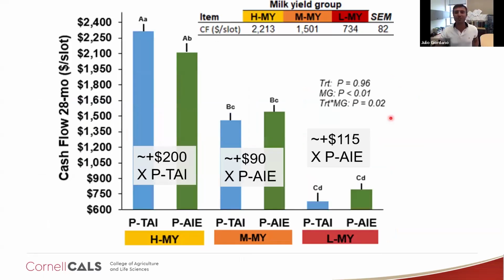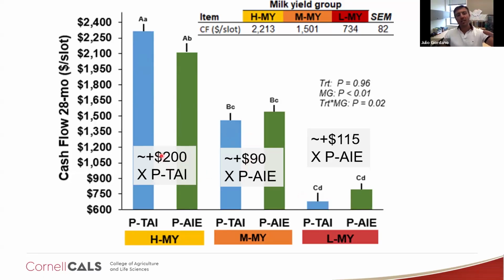And then there is an interaction with treatment, where we found that the high producing cows did best when managed with the aggressive Time AI program, and it was the opposite for the medium and low producing cows.